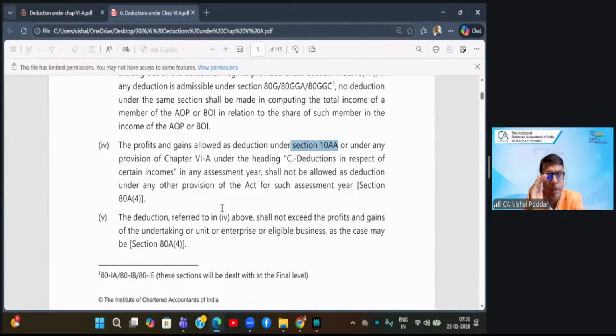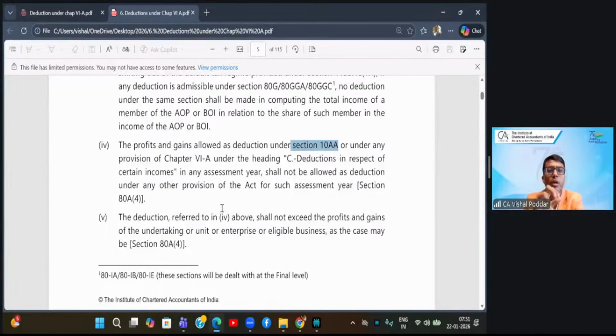Now let us say this heading C covers specific businesses which we are not going to study at this level, but we are going to study at final level. But I'm giving you example: infrastructure business, housing business, hospitals with 100 plus beds, then 3-star above category hotels. All these are some specified businesses. Now let us say these specified businesses which are eligible for deduction under Chapter 6A Part C are started in SEZ.